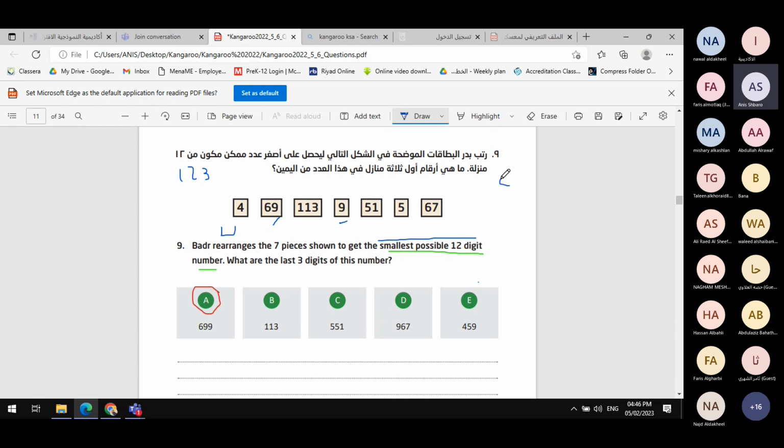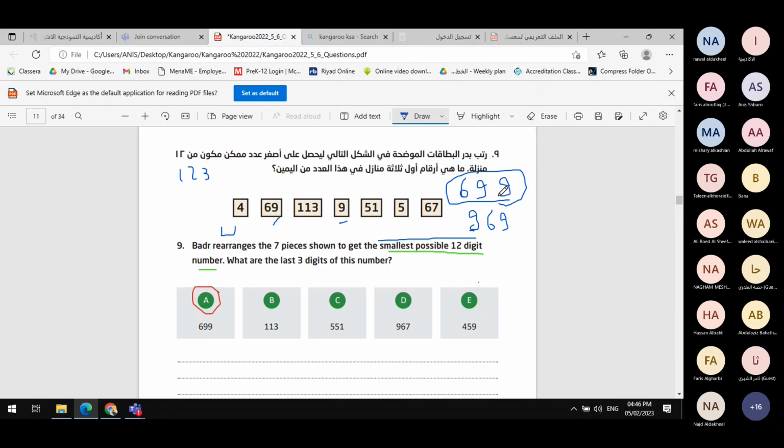If we started with the 9, we are going to put the 69 after it, so we are going to obtain 699. And if we added the 69 first and then the 9, we are going to obtain 969. And of course, we are going to stick with this choice because we got rid of both nines first.